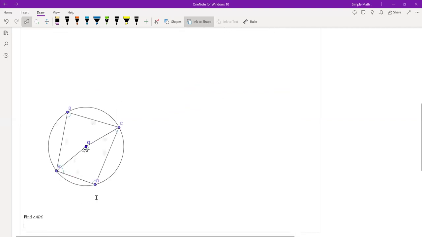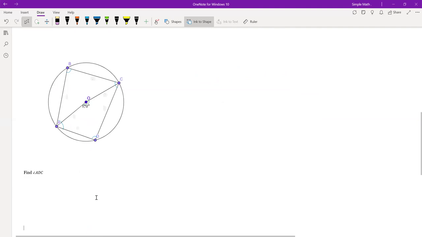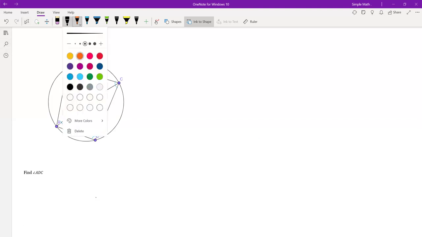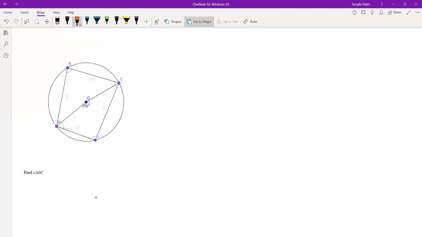All right. Now this one, they only give us one angle here, and they want us to find angle ADC, this one here. How do we do that? We can see that we have a quadrilateral inside a circle.